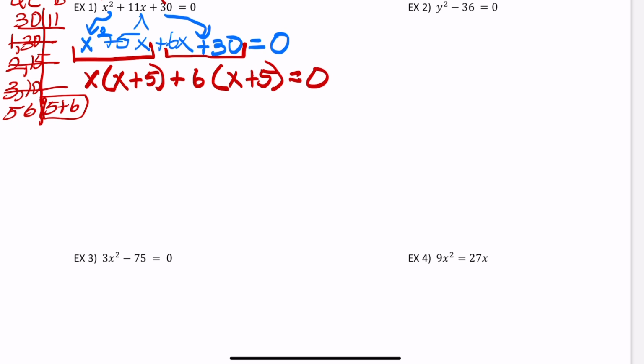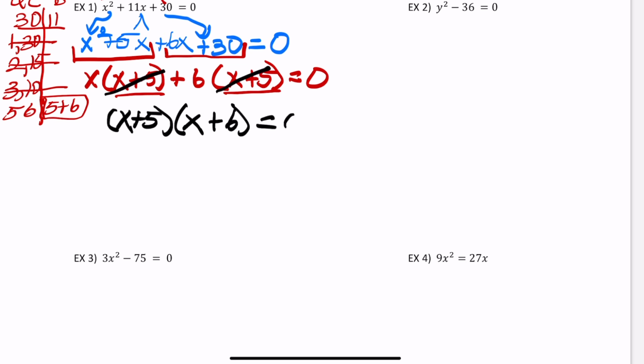Now I know I did this right because I have a common binomial in each group, so I'm going to factor that common binomial out of each group. I bring it out in front. When I take it out of this group, I'm left with an x. When I take it out of this group, I'm left with a positive 6. Now I have factored this trinomial to x plus 6, x plus 5. This is factoring. The difference is now it's equal to 0.